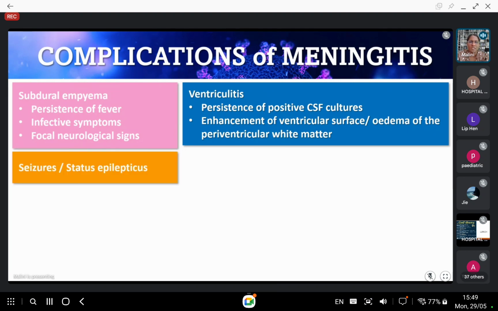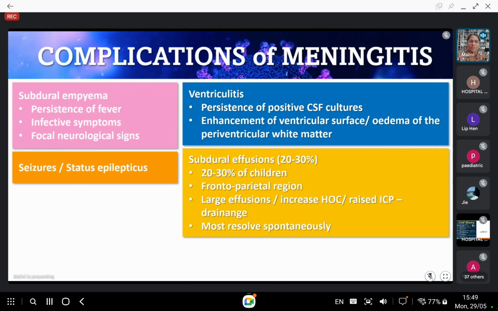You can have seizures acutely, status epilepticus acutely. Subdural effusion is seen in 20 to 30% of patients with meningitis, mainly in the frontoparietal regions. They can be large with increasing head circumference and raised ICP, and these would warrant drainage.